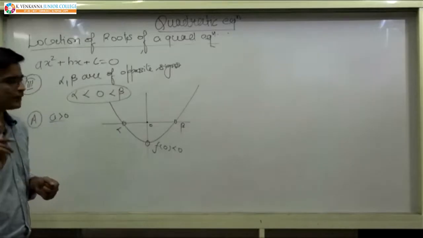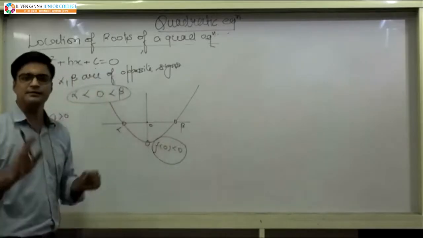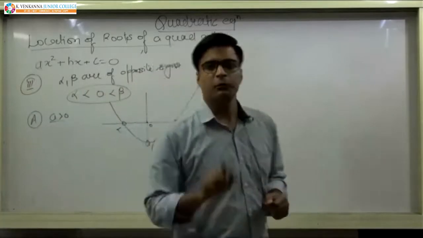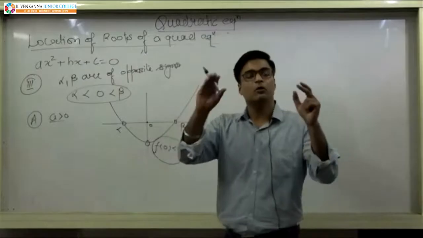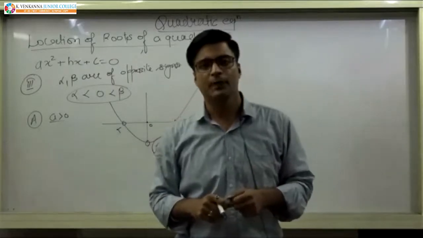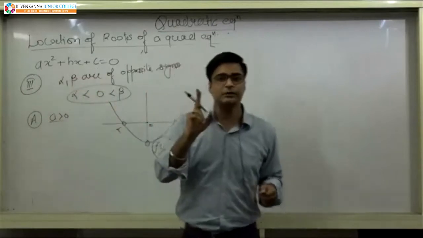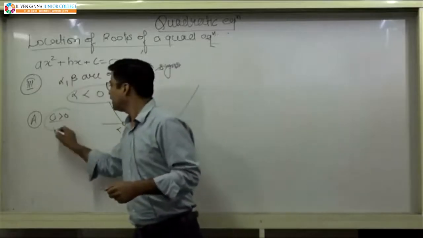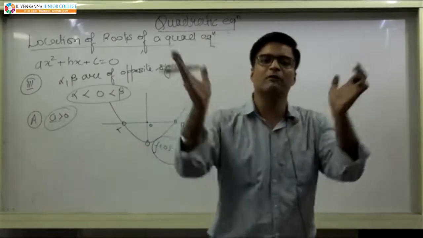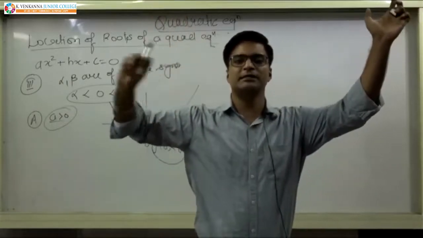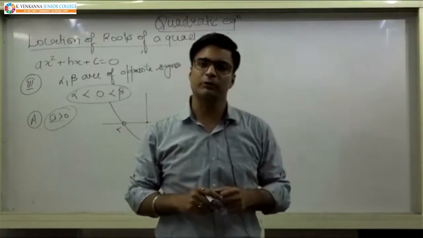Now, just look at it. If I put only one condition that f of 0 is lesser than 0, then go back to our graph theory. It is a second degree equation, remember. And I have taken the case of leading coefficient positive. That means our curve will open upward. As x tends to infinity, it will tend to infinity. As x tends to minus infinity, it will again tend to positive infinity.